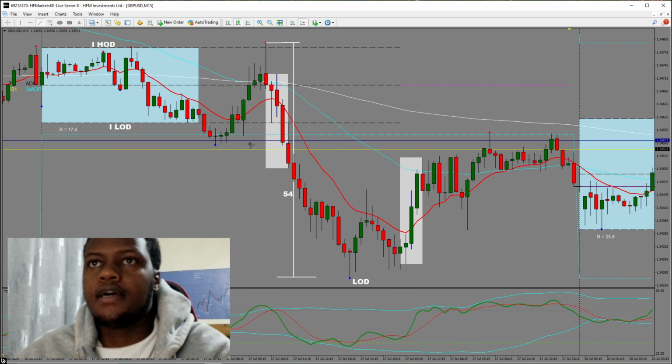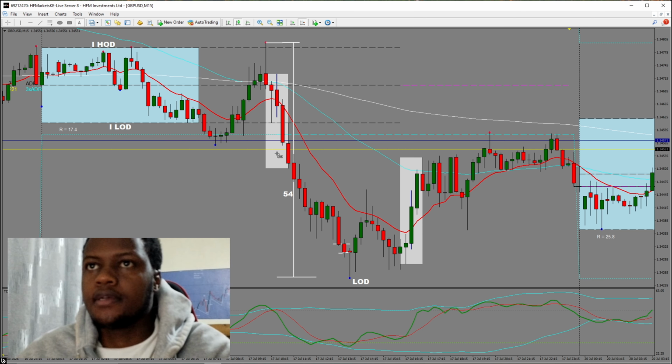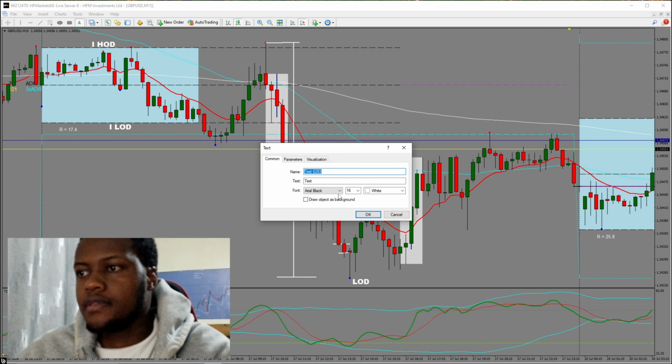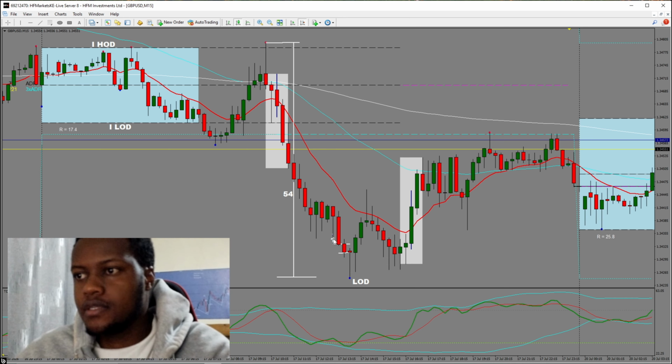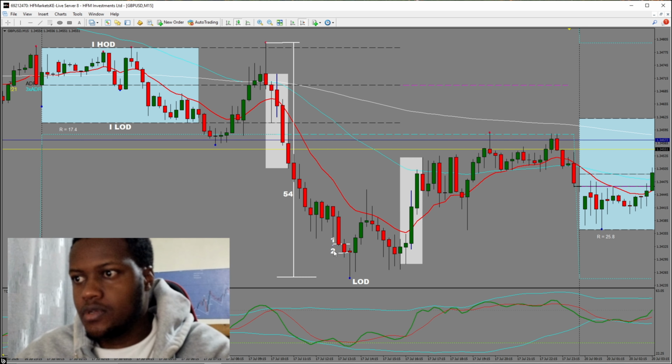So for the vector, the 3 candles to the low, 1, 2, 3. The 3 hits, 1, 2, and then give us a hammer. So this is 1, 2, and then 3.